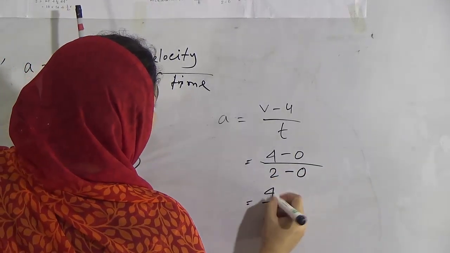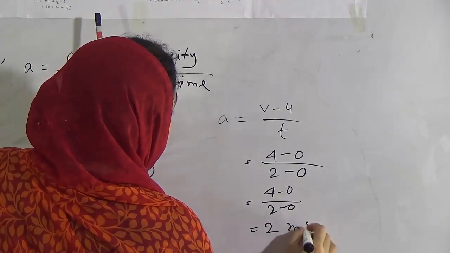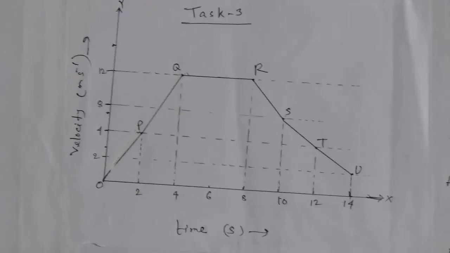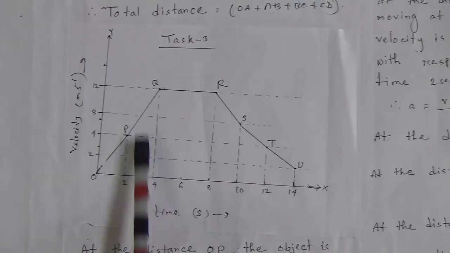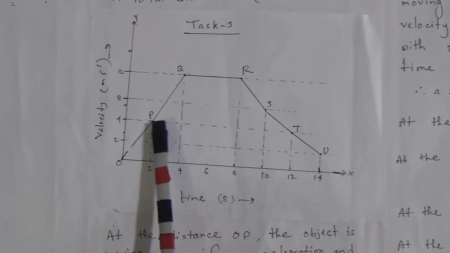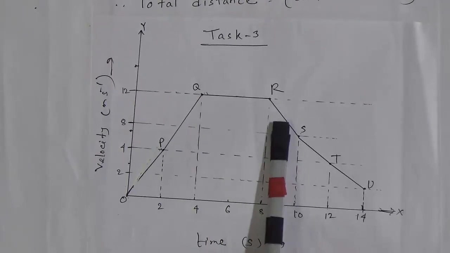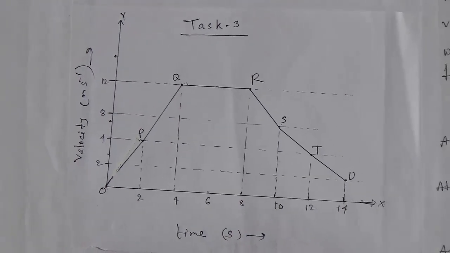So it will be 4 minus 0 divided by 2 minus 0, that means 2 meters per second square. So at the OP distance, acceleration is 2 meters per second square. In a similar way, you have to find the acceleration at PQ, QR, RS, ST and TU.